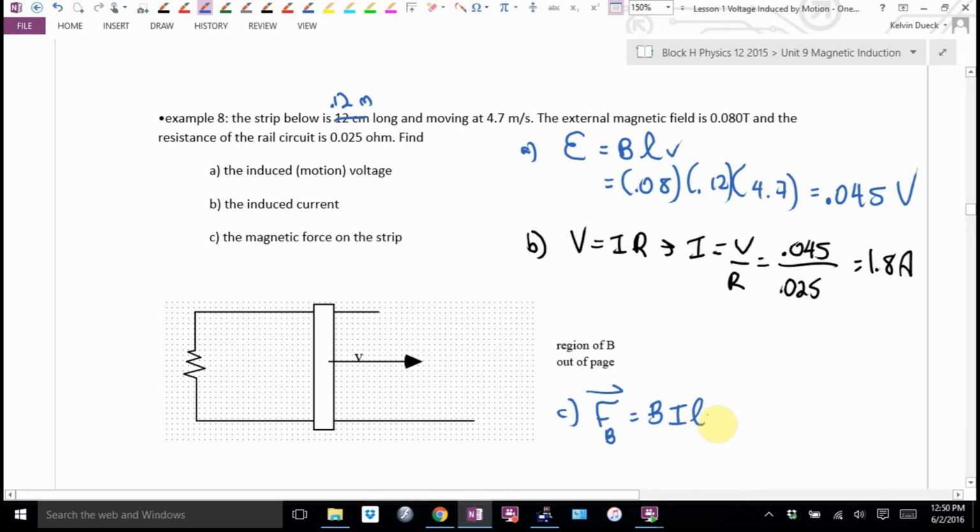How big is the magnetic field? 0.08. What's the length of the wire? 0.12. Sorry, I did length first. I should have done current. What's the current? We just figured it out with Kyle's help. I'll write 1.8, but I'm going to use my answer button. And the length of the wire is 0.12.